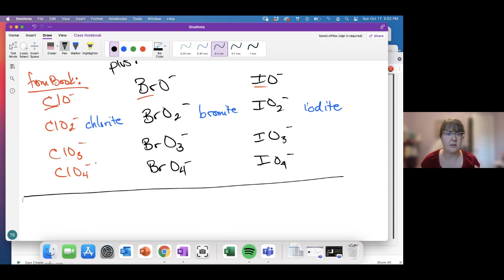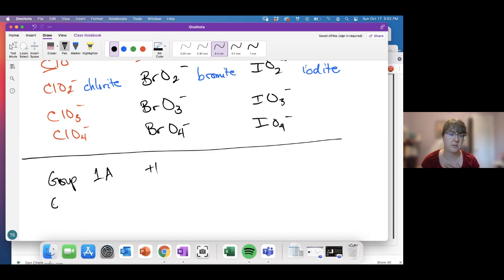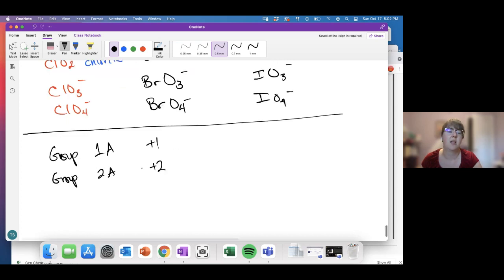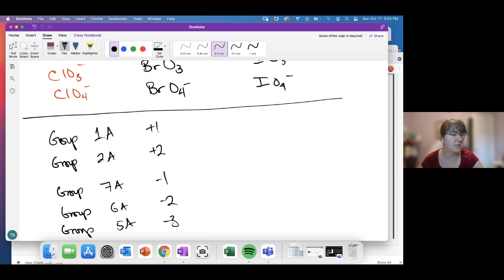So the other set that I assume everybody knows is your group 1A, which are plus ones, your group 2A, which are plus twos. There's your halogens, group 7A, which are negative ones, your group 6A, which are negative twos, and your group 5As, which are negative threes.